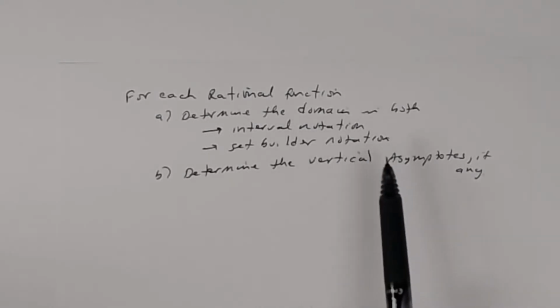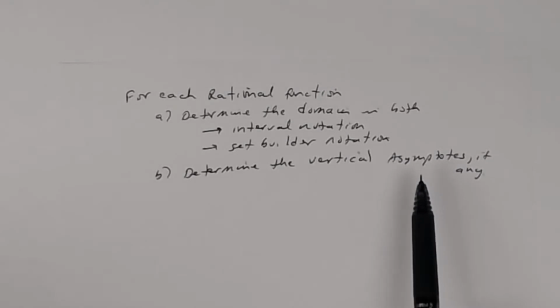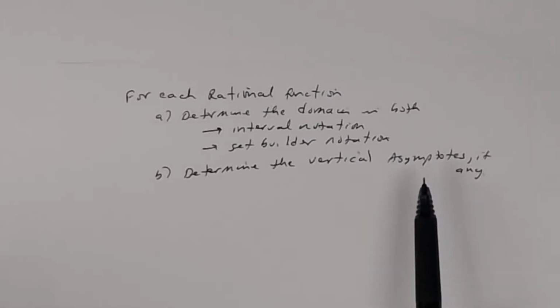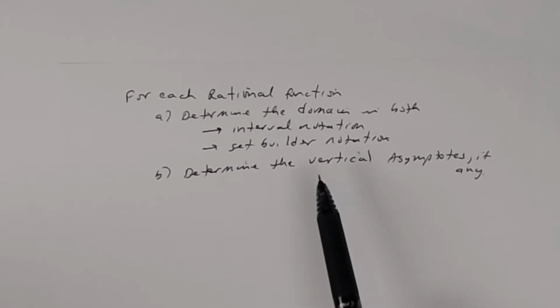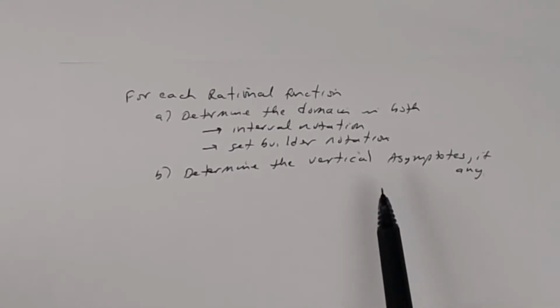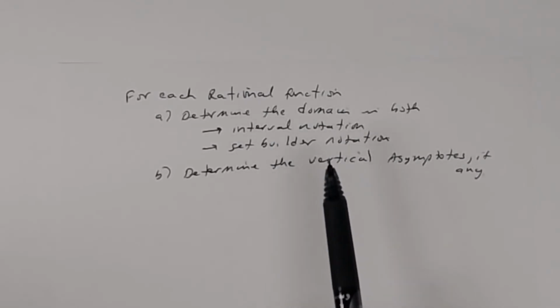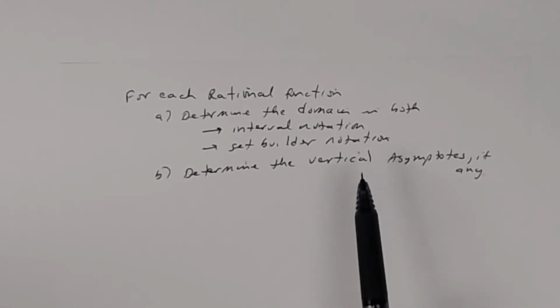A rational function doesn't always have to have a vertical asymptote. Almost always, though, the ones that you're going to have will, but there are situations where it will not have any vertical asymptotes. And then in another lesson, we're going to talk about the horizontal asymptotes. But for right now, we're looking at domain and the relationship with the vertical asymptotes.